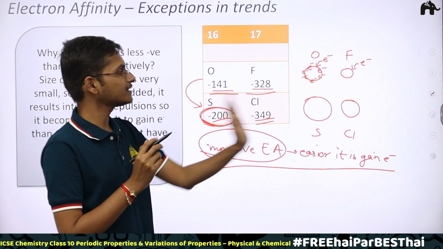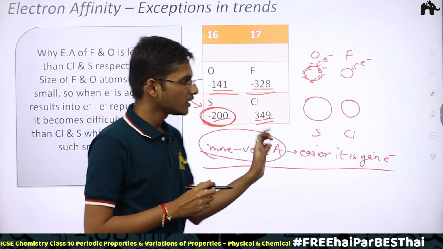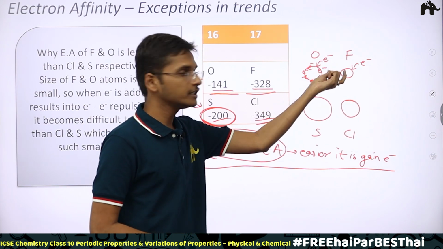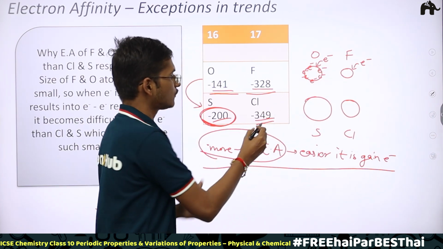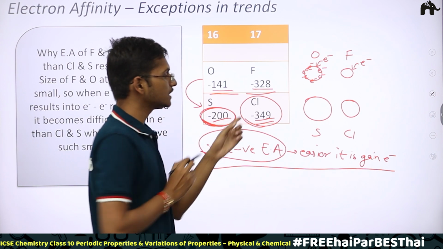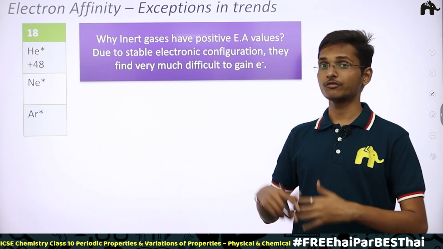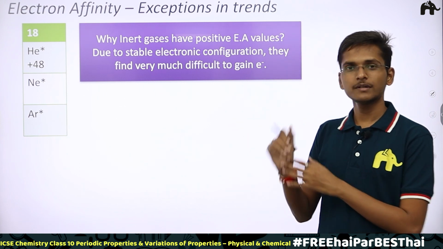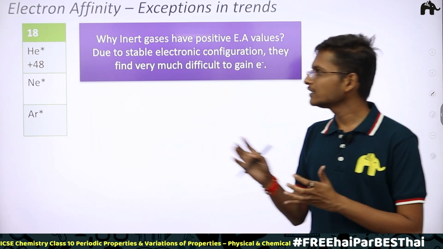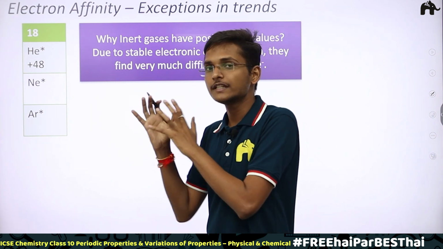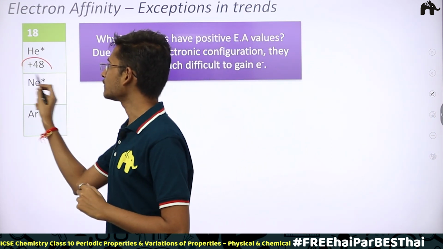The same case is observed with fluorine and chlorine. Since it is easier to gain an electron in chlorine than fluorine, chlorine shows a more negative value than fluorine. Now, moving to the third exception in the table, if you observed very clearly, the electron affinity value of helium is positive.